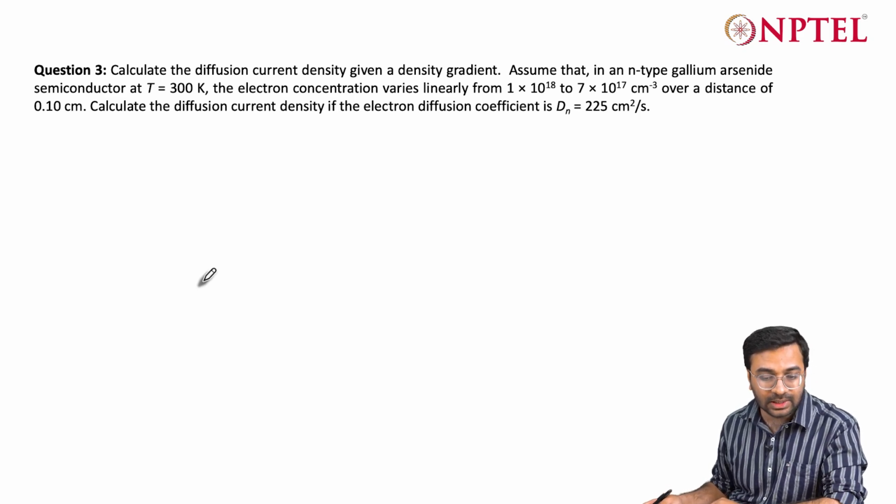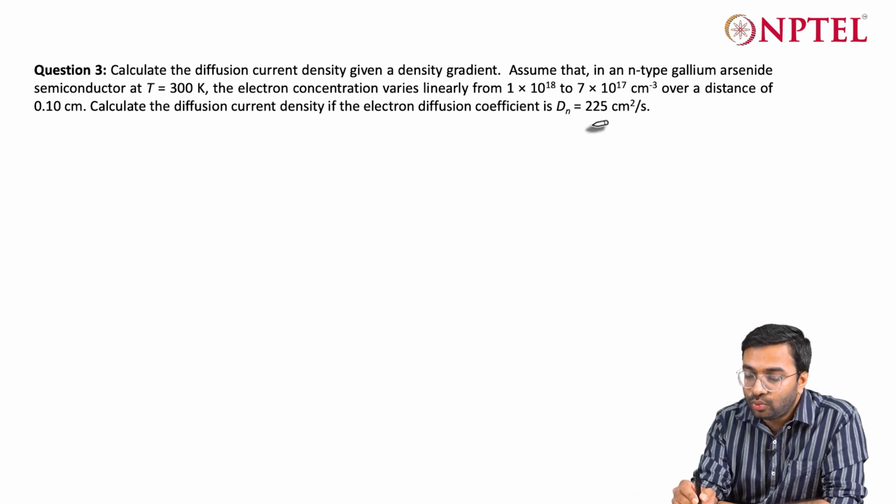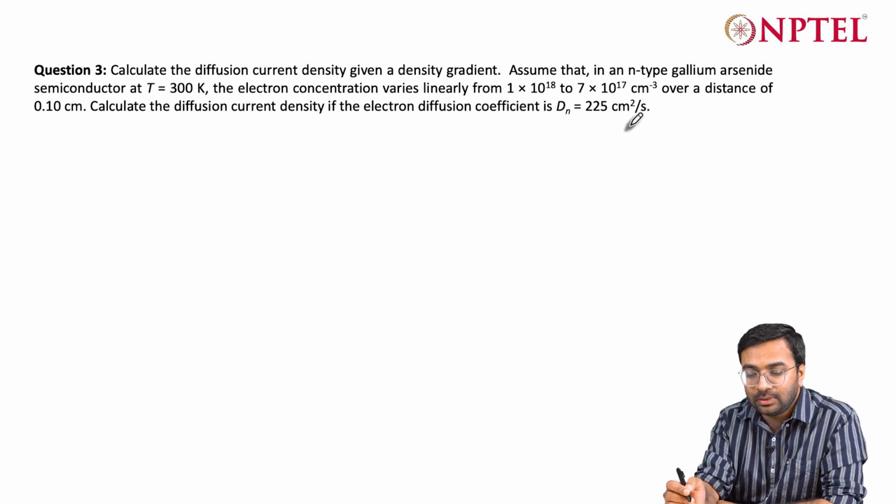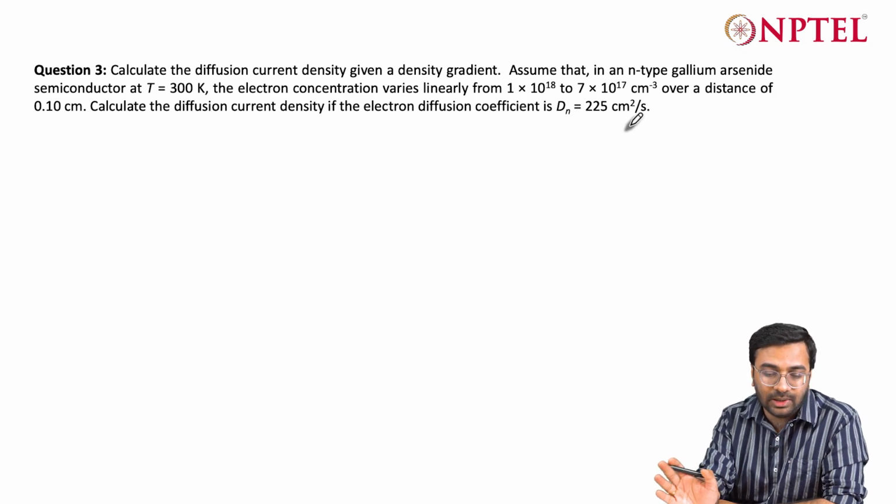Calculate the diffusion current density if the electron diffusion coefficient is 225 centimeter square per second. So, this is the information that we have.